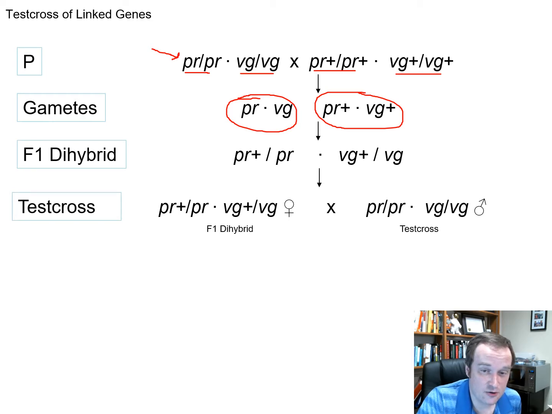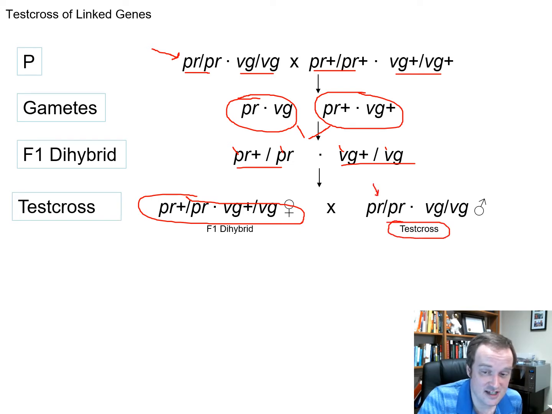That comes together to create this F1 dihybrid, where we have a mutant and a wild type copy of PR and a mutant and a wild type copy of VG. To do a test cross, we cross this heterozygote that we just made, the F1 dihybrid, with a completely recessive tester. So this one is recessive PR, recessive PR, recessive VG, recessive VG.